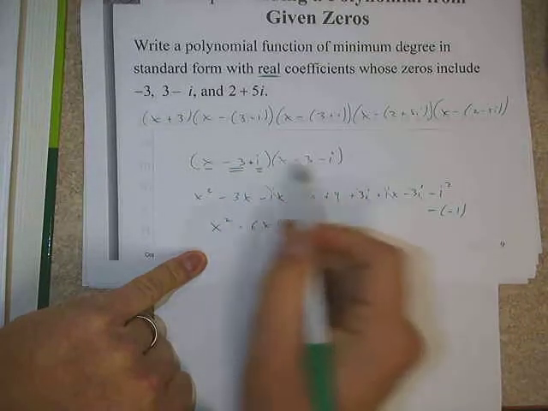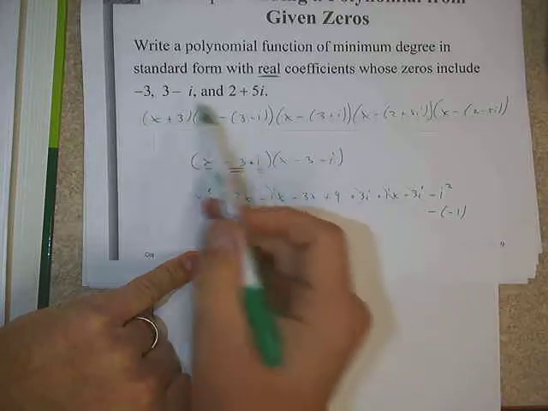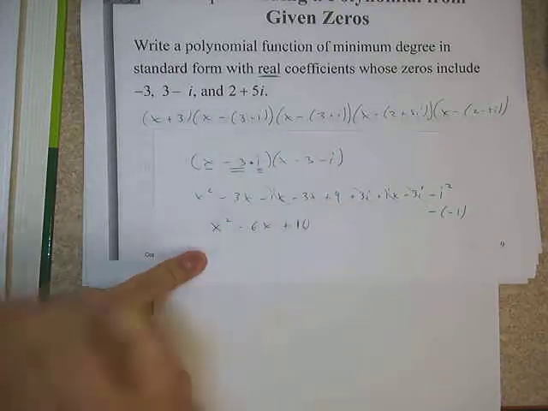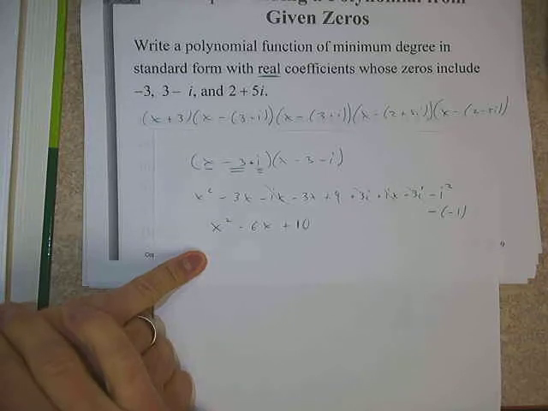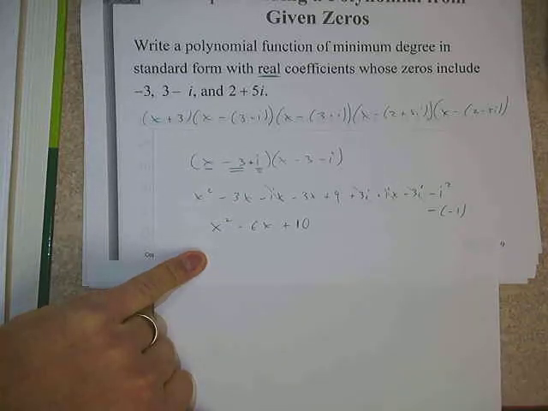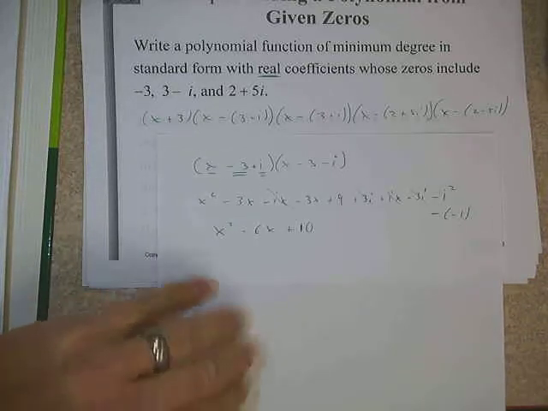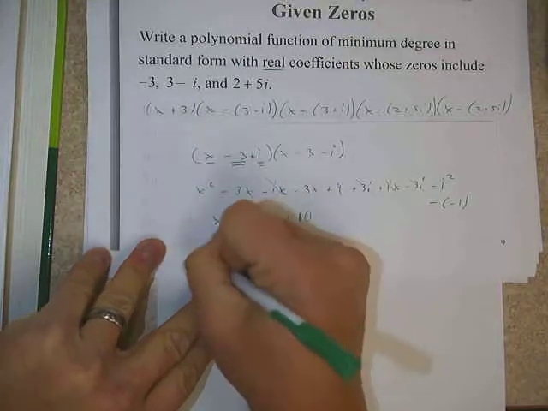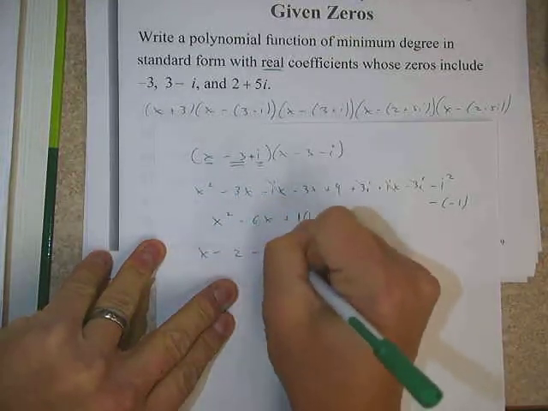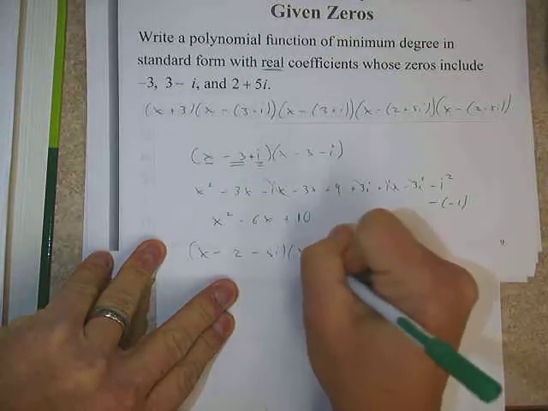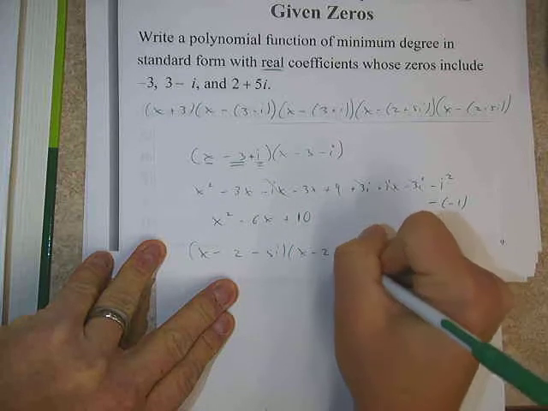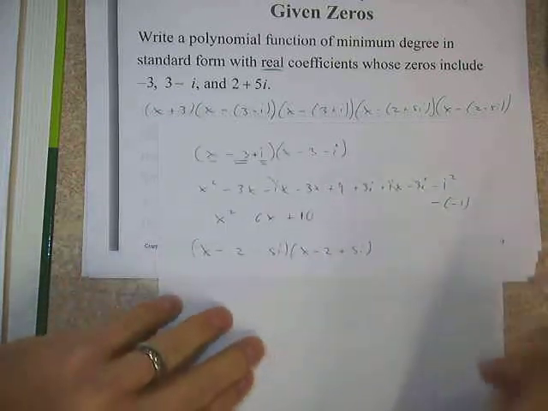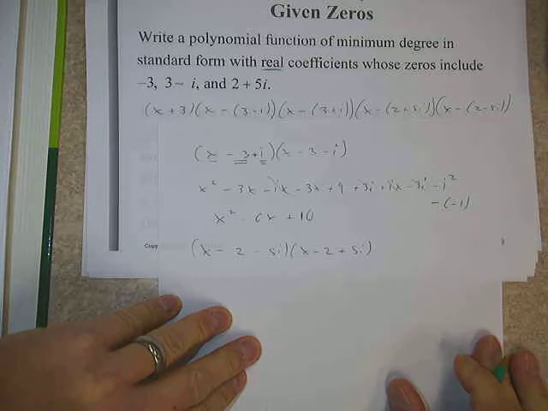So with that said, we combine the 9 and the negative negative 1 and we get plus 10. And so that right there would be the quadratic equation that would have those two factors, which ultimately would have those two roots that we made the factors from.